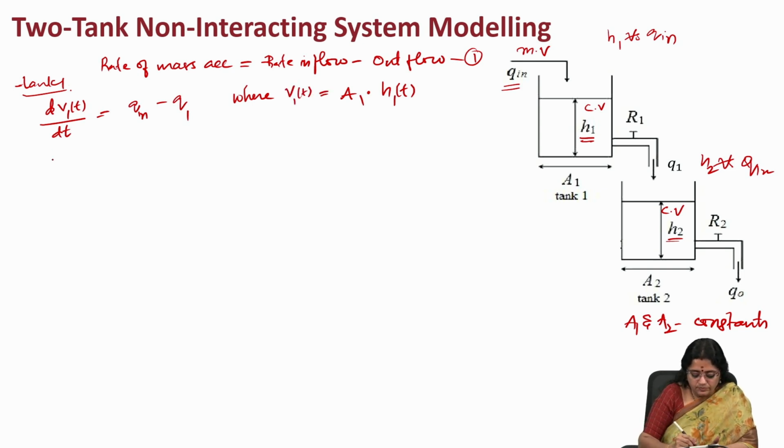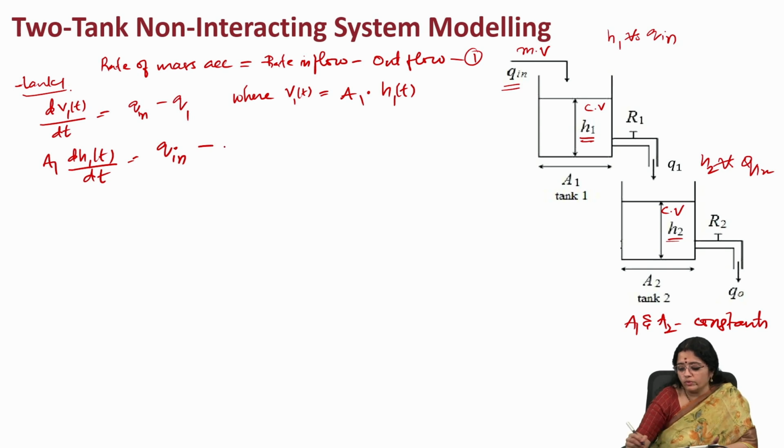Now this becomes A1 dH1(t)/dt is equal to Q in, which is an independent variable, and Q1 is a dependent variable. We will write down what Q1 is.